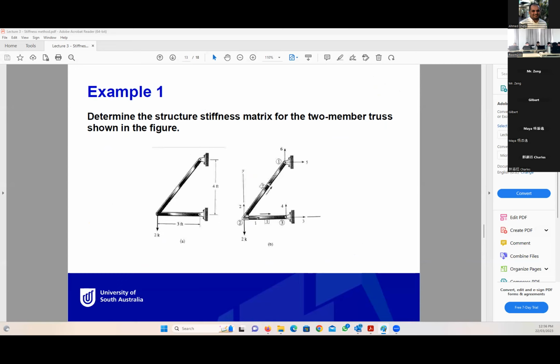Okay. So for this example, we have learned how to construct the global stiffness matrix for the whole structure using the global stiffness matrix for each member.